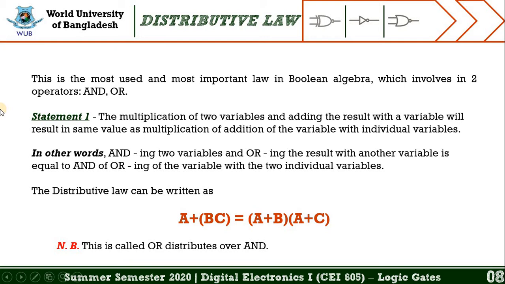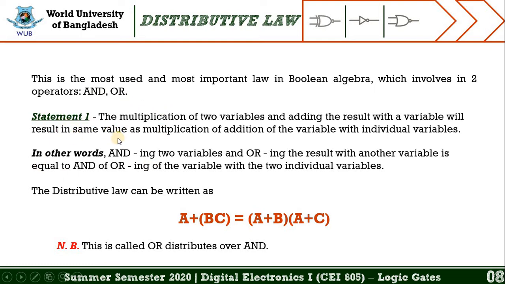From this slide we may learn about the distributive law. So let's start. This is the most used and most important law in Boolean algebra. Remember this sentence, which involves two operators. One is AND and another one is OR.